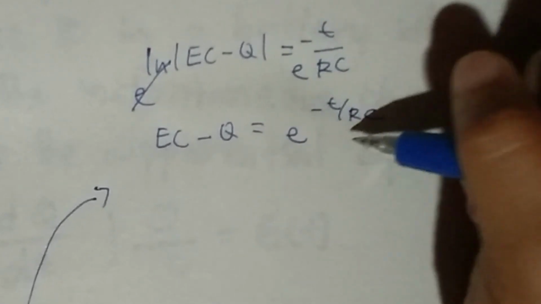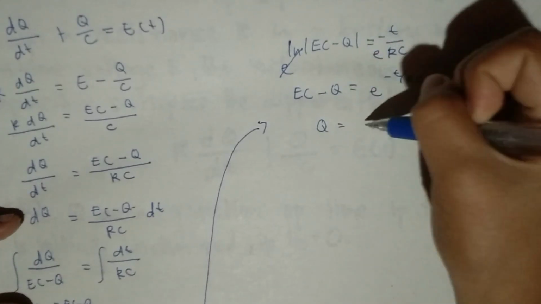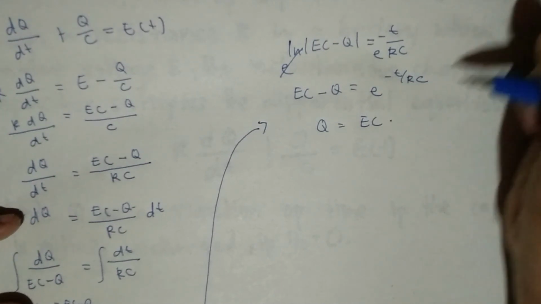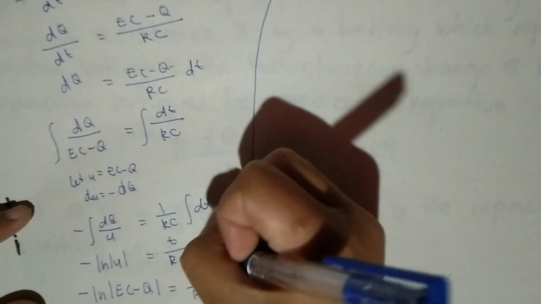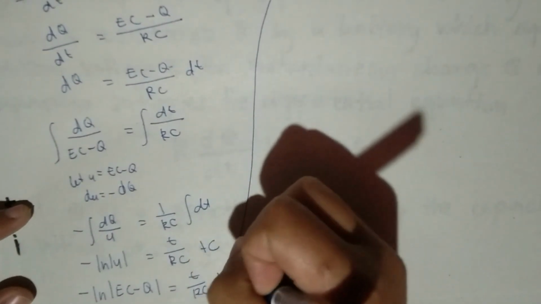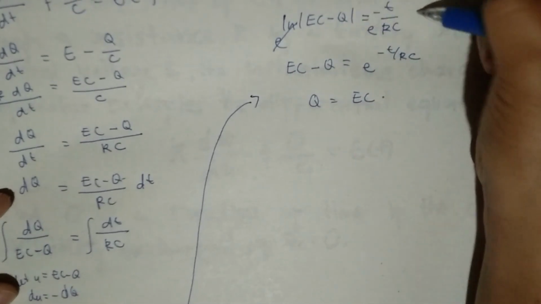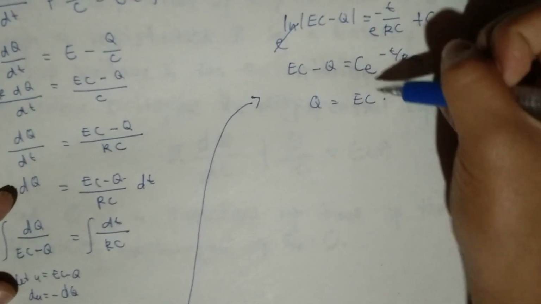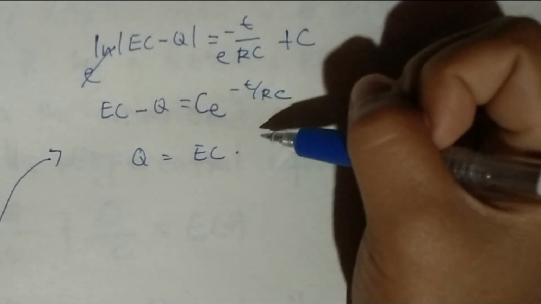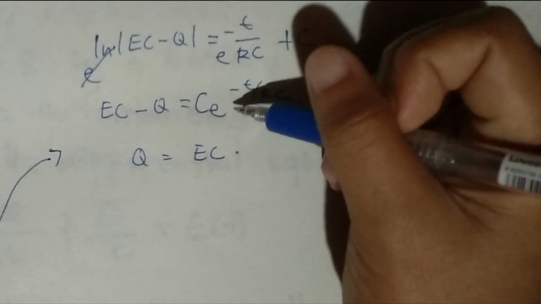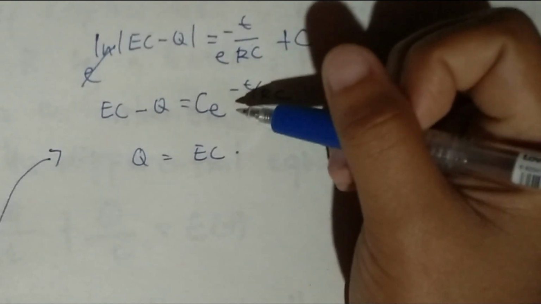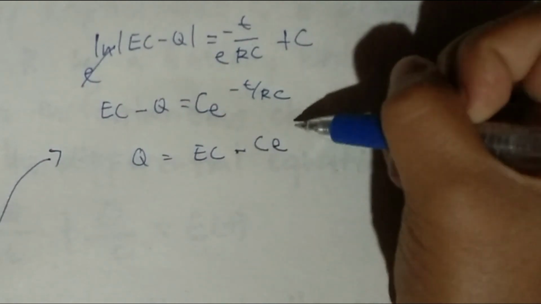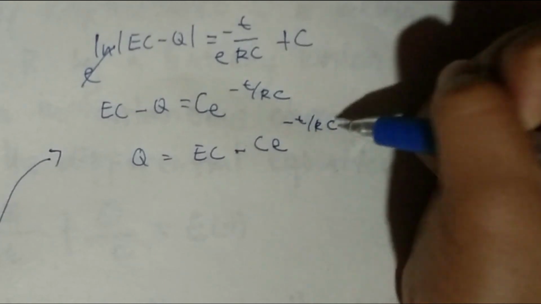We have to do this in terms of q. But we forgot the plus c. There is a plus c here, also plus c here, so when we have raised it to e, there's the c here. So that would be q is equal to EC minus c e raised to negative t over RC.